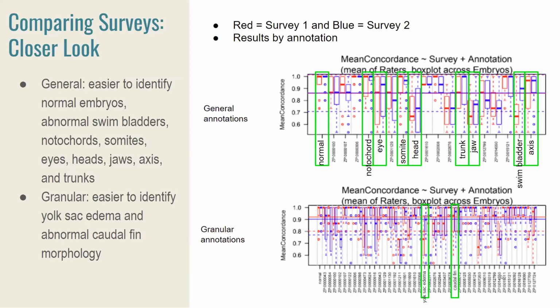So the more granular terms, most of them did not get more consistent in the second survey with ontology terms. And I suspect that what's going on here is when you list those terms with their specific name and a definition, then you really start to get people thinking, like, what do I really mean by this?